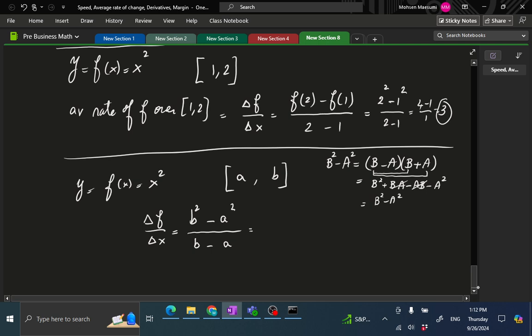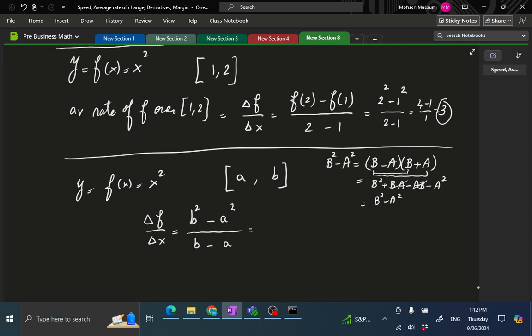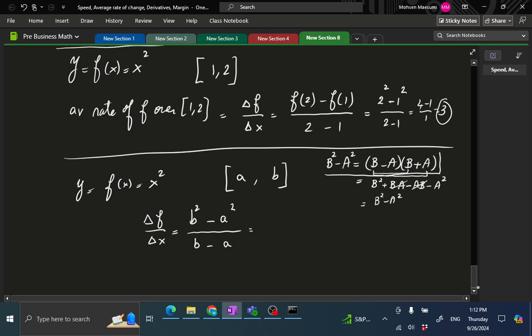So that's called an identity, an important factorization formula. You have used it when solving quadratic equations and such. Let's put it in a box because it's a very useful formula. So the numerator, I can write as b minus a times b plus a.